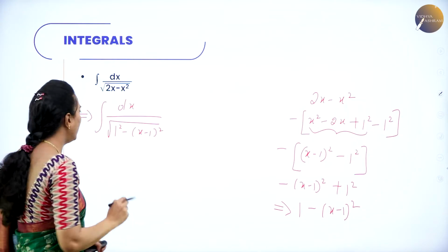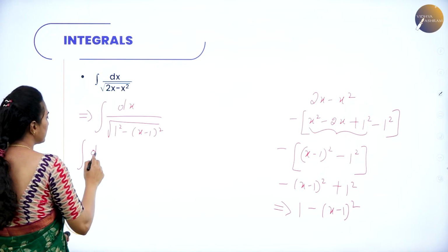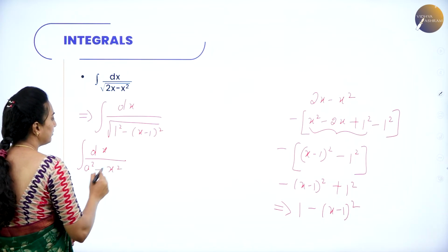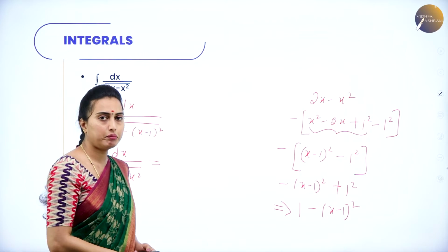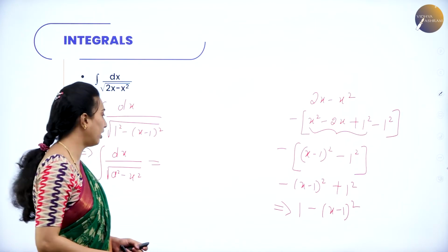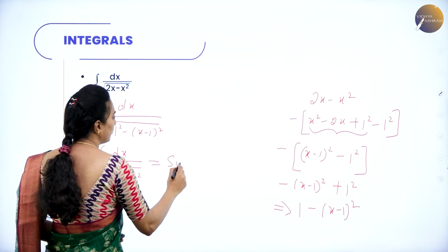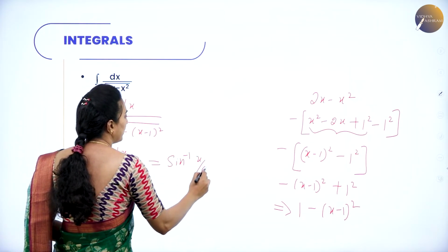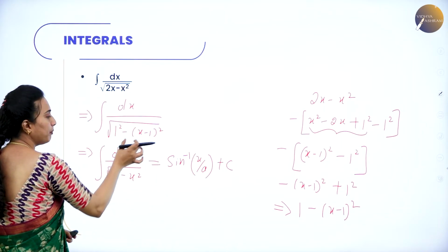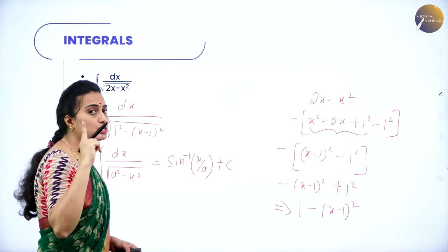Now this looks like the integral of dx divided by the square root of a squared minus x squared. Substituting x as a sine theta, if you remember, the proof gives sine inverse of x by a, plus c. Now according to this, x is replaced by x minus 1 and a is replaced by 1.